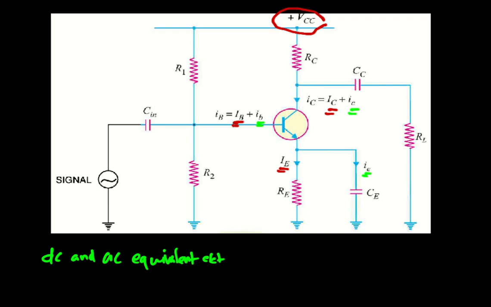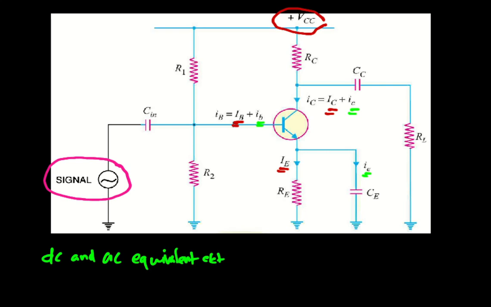For considering the DC equivalent circuit, we will consider only the DC conditions of the circuit. That means we will remove all the AC sources in the circuit.